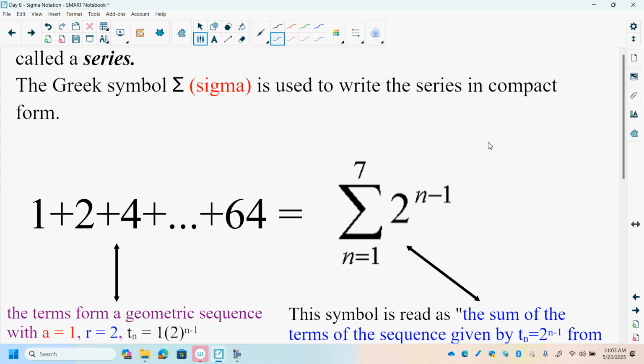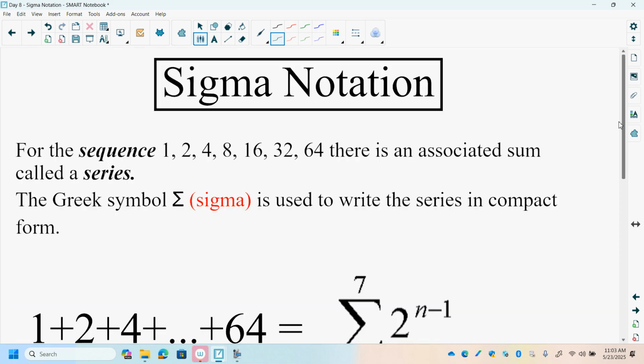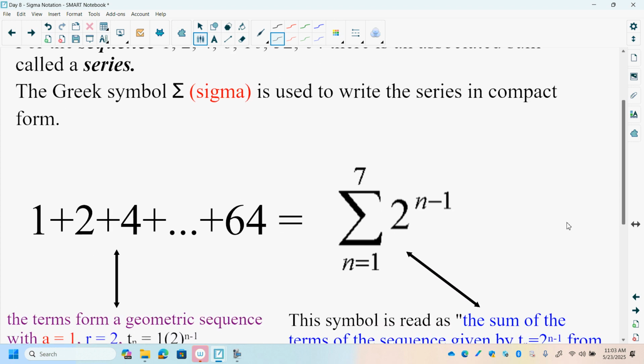First question. It says for the sequence 1, 2, 4, 8, 16, 32, 64, there is an associated sum called a series. That's what we've been working with the last few days, a series and sequence. The Greek symbol sigma, that's this letter, is used to write the series in compact form. So it's just a shorthand way of writing a series.